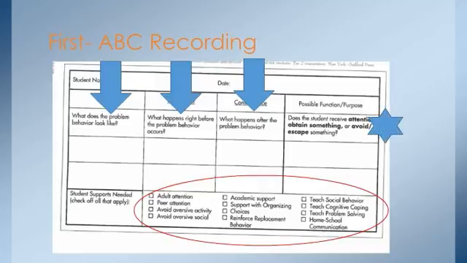And then most importantly, the star here is, does the student receive something or avoid something with that behavior? What is the function or purpose of the behavior? And that's something that you'll have to reflect on and think on after you've completed your ABC recording activity.